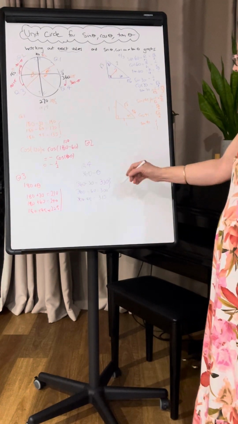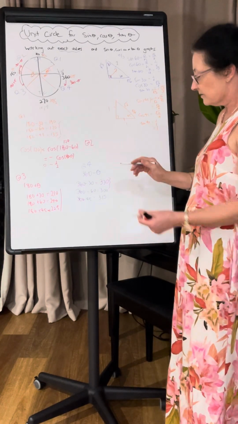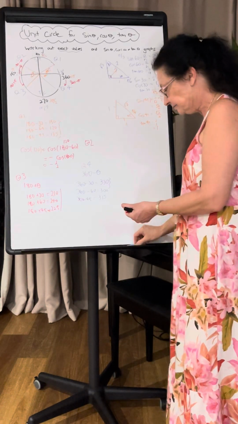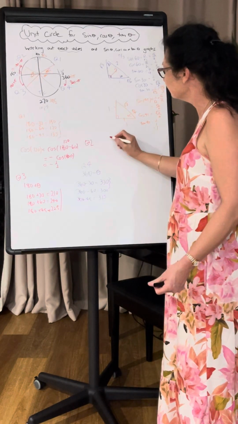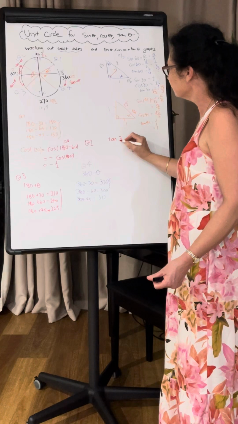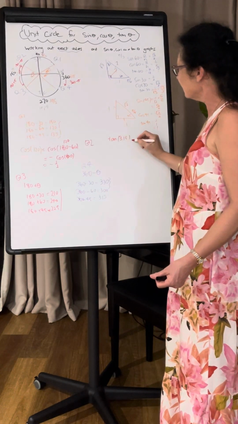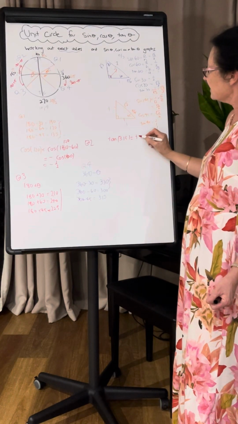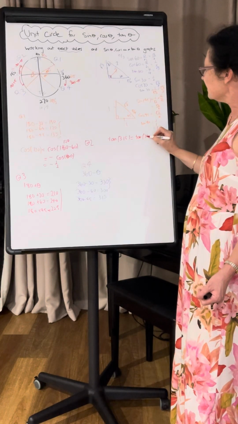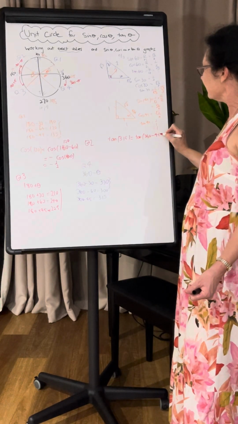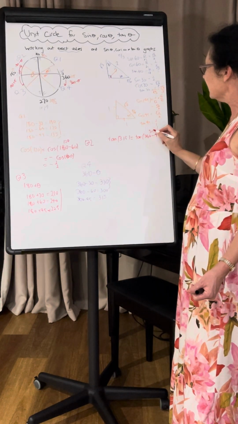For example, if we did tan of 315, you just go to yourself, okay, that's the same as tan of 360 minus 45, which is 315.